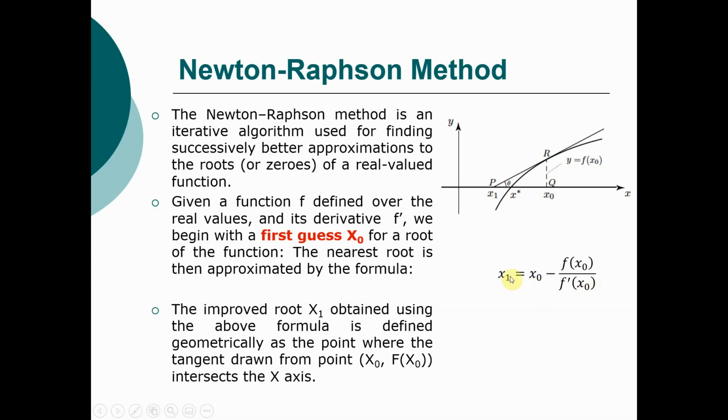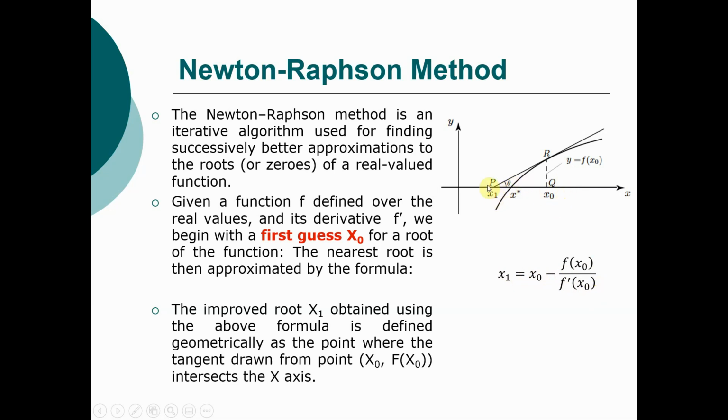We say that xn plus 1 is xn minus f of xn divided by f prime, or derivative, of xn. So if this is x0, if we start from here, this is our first guess for our root.